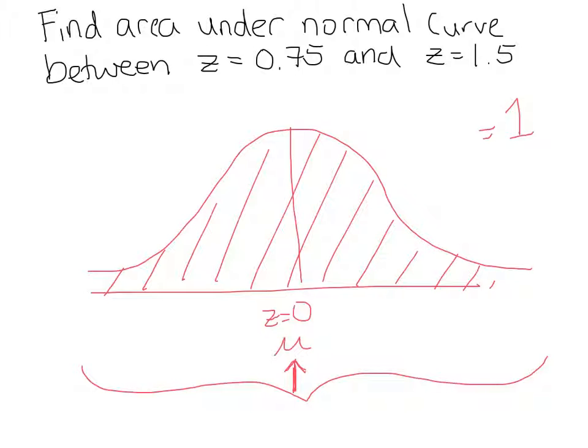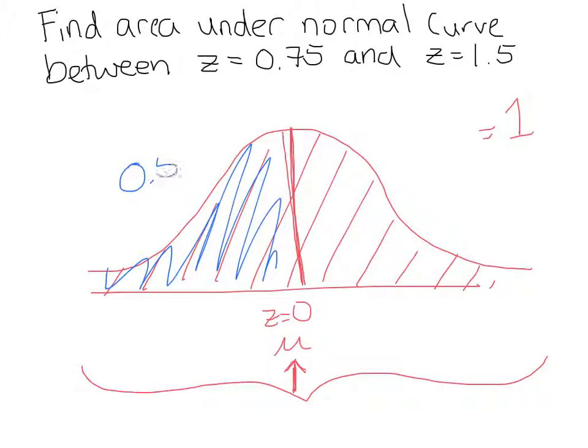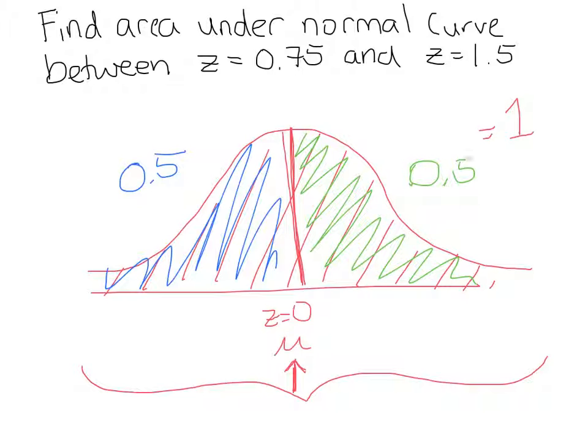So if this right here splits it directly in half, then this area here is going to be 0.5, and this area right here will be 0.5. As far as your z-values go, these are all going to be your negative z-values, and these will all be your positive z-values.